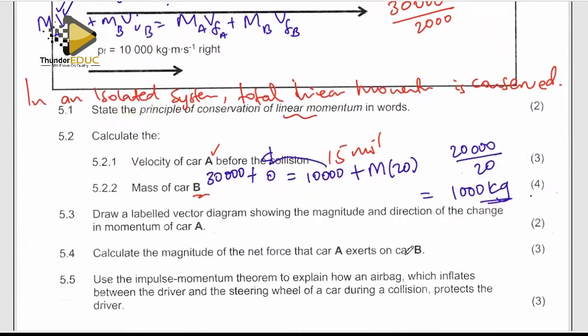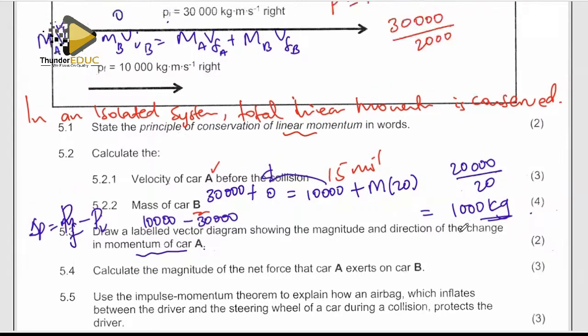All right, then 5.3, they want us to draw a labeled vector diagram showing the magnitude and direction for the change in momentum. So we know that change in momentum is momentum final minus momentum initial. So it's the 10,000 minus that was at 30,000.